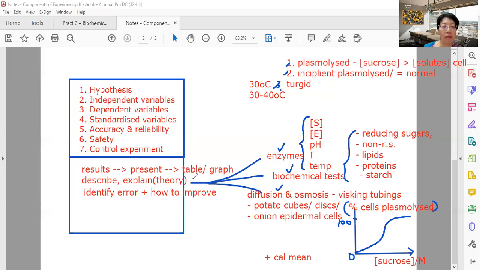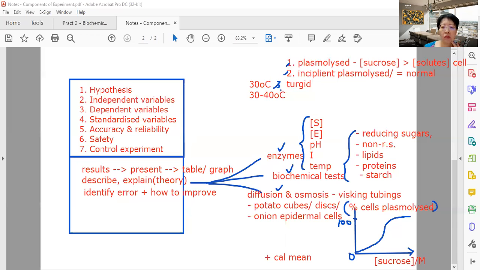So the middle part is how many percent? That is 50%. 50% of what? Of the sucrose concentration?